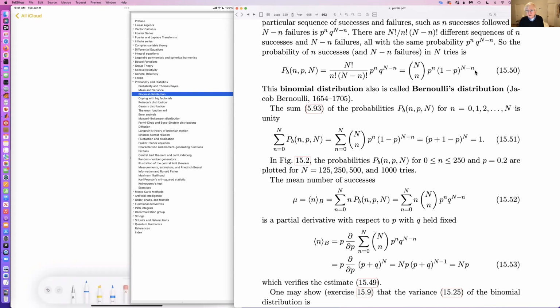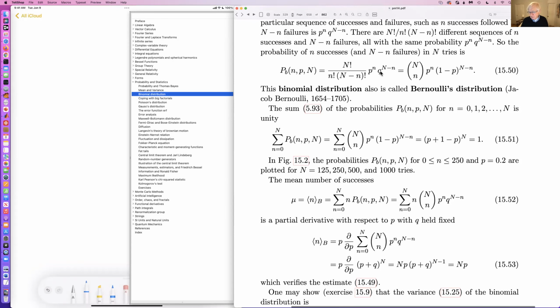The problem with it is that it involves these n factorials, which quickly become absolutely huge numbers. And of course, the probability is between 0 and 1, and that's because these things cancel. The n factorials in the numerator and denominator cancel, and the p's and q's are both less than 1 and are raised to a certain power.